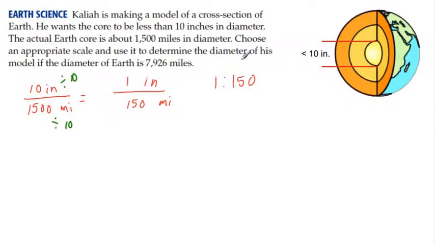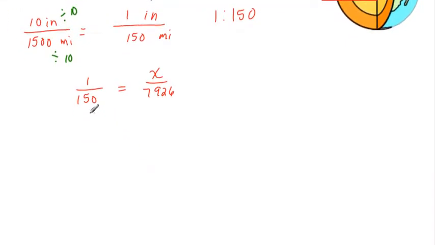And we're going to use that to determine the diameter of his model if the diameter of the Earth is 7,926. So what we have is 1 inch to 150 miles is equal to an unknown, we'll call it x, inches, to 7,926 miles. So now we can use our cross product. Okay, if we go ahead and multiply across, we're going to say 150 times x is equal to 7,926.